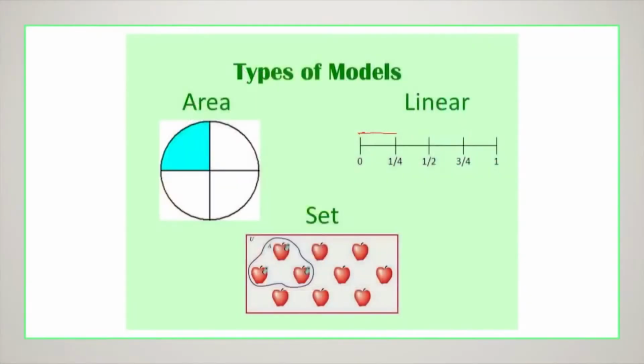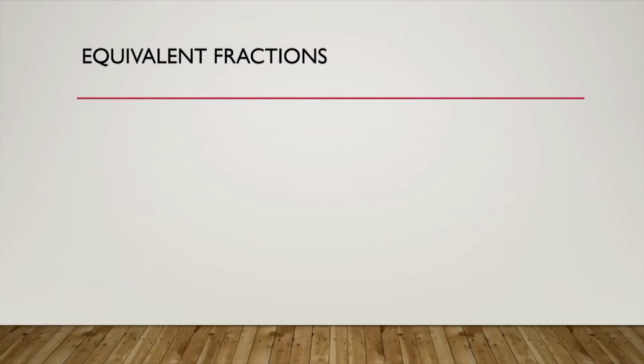So you see a quarter, a half, three quarters, and then you go to the 1. Then you have your set model. Your set model, which several things come together to make a set, and a part of it is highlighted. So 3/10 of the apples have worms. So those are ways in which you can represent fractions.